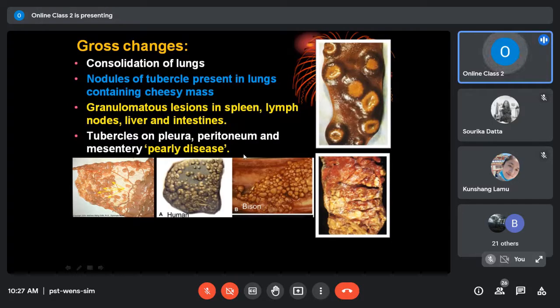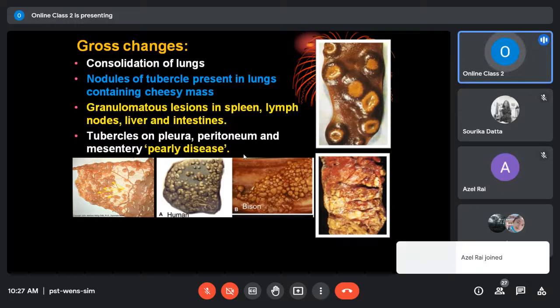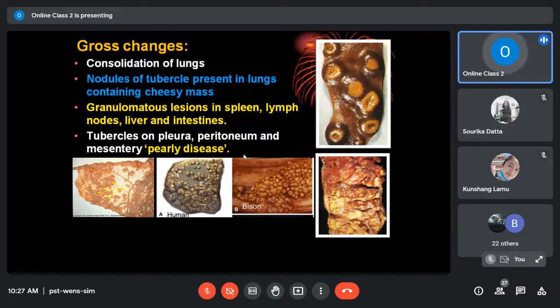Pearly disease is when small, tiny tubercular lesions form on these thin membranes, giving the appearance that pearls have been spread out on the surface.